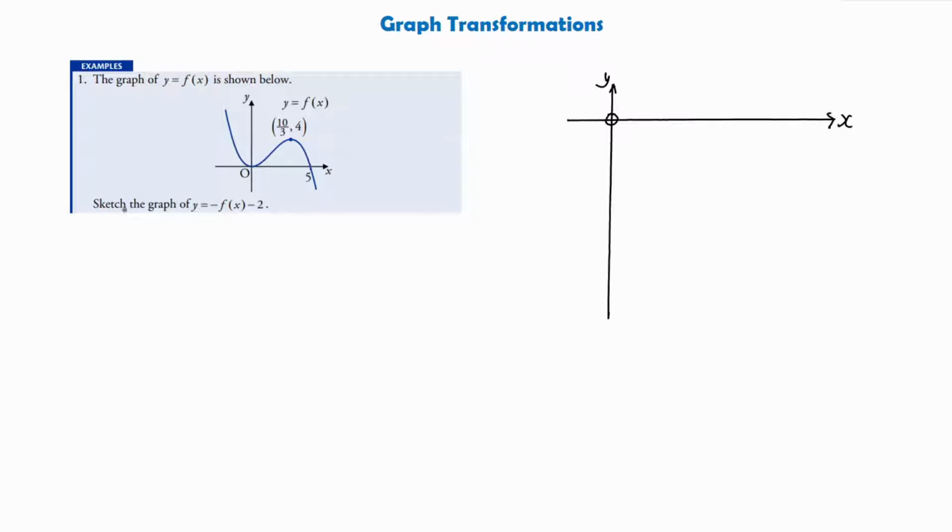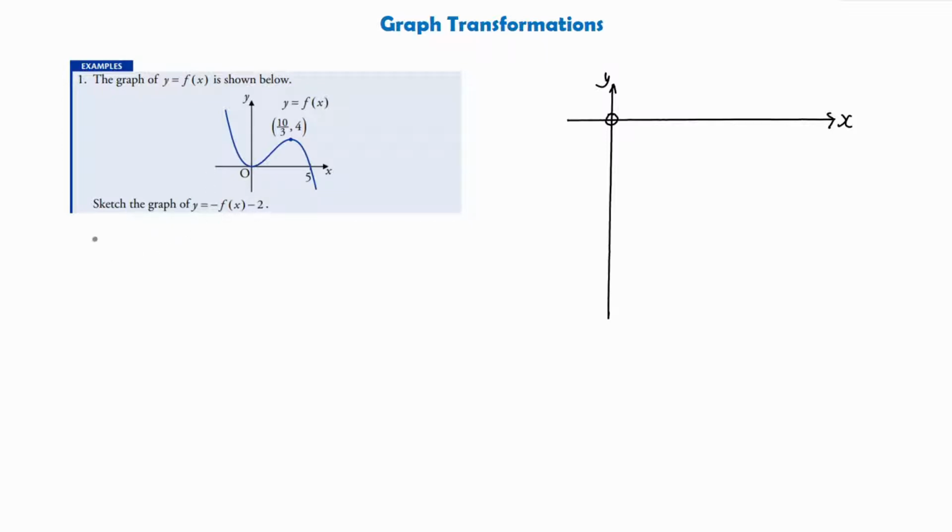And we are asked to sketch the graph of y equals. Now we can see we've got two transformations involved here. We've got a reflection because we've got minus in front of our f of x. And this time we've also got a translation because we've got minus 2. So we've got some sort of value a at the end, which is going to be minus 2.